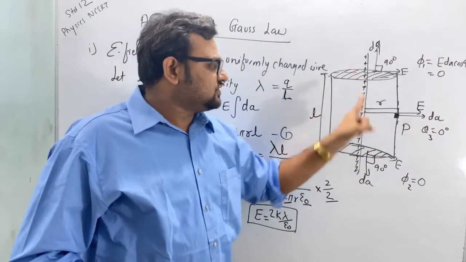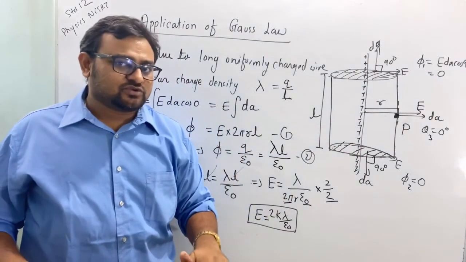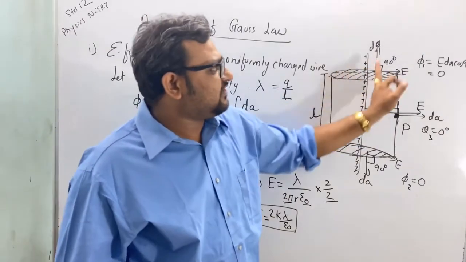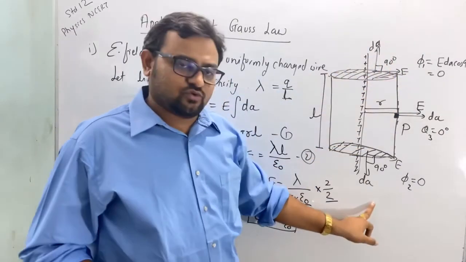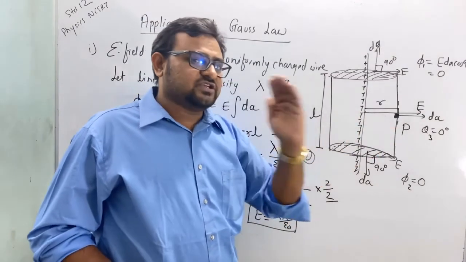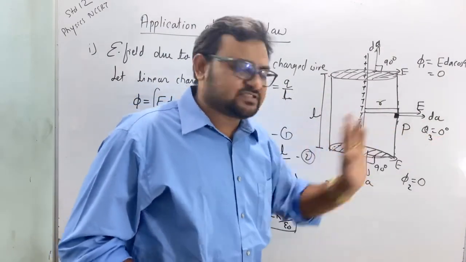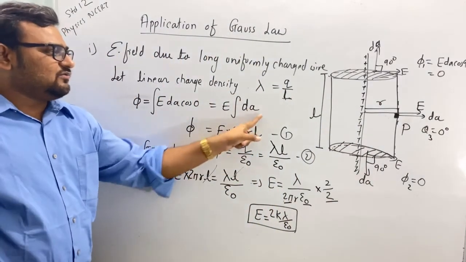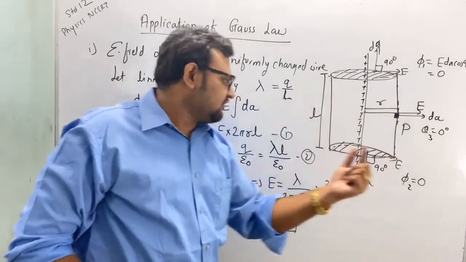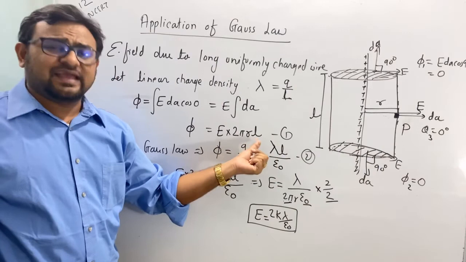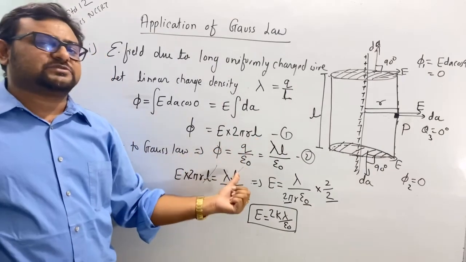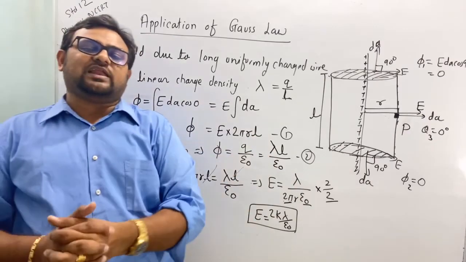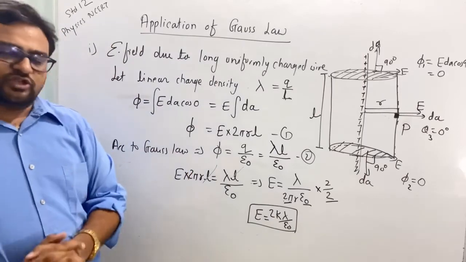The flux due to the two end surfaces is zero, because the angle between electric field and area is 90 degrees. The only remaining flux is due to the curved surface, where the angle is zero. So it is the integration of E dot dA, with dA the curved surface, that is E into 2 pi r L. Using Gauss law, it is Q by epsilon 0, where Q is lambda L. Equating these, we finally get E equal to 2K lambda by epsilon 0.